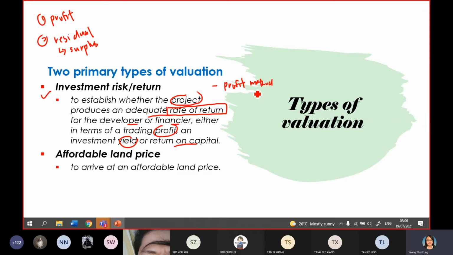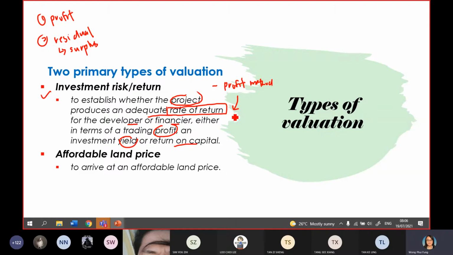The profit method, generally we use it to calculate how much return we can generate for this project. Just like last week, I told you that from step 1 until step 6, after you evaluate the demand and supply, the last step is to establish how much return you are going to generate for this project. So normally for the profit method, we calculate the rate of return, the level of return that is going to be generated.